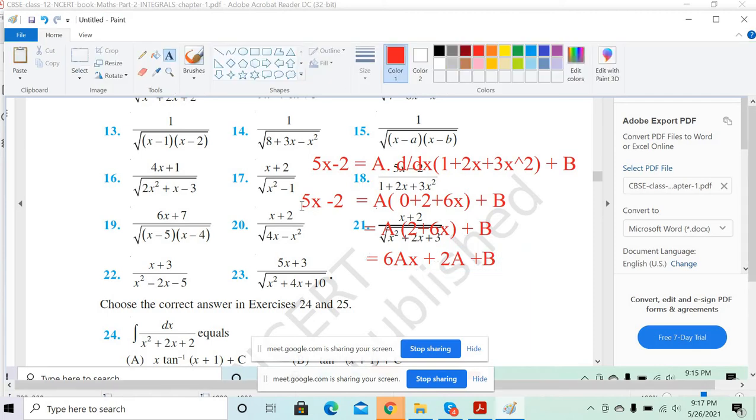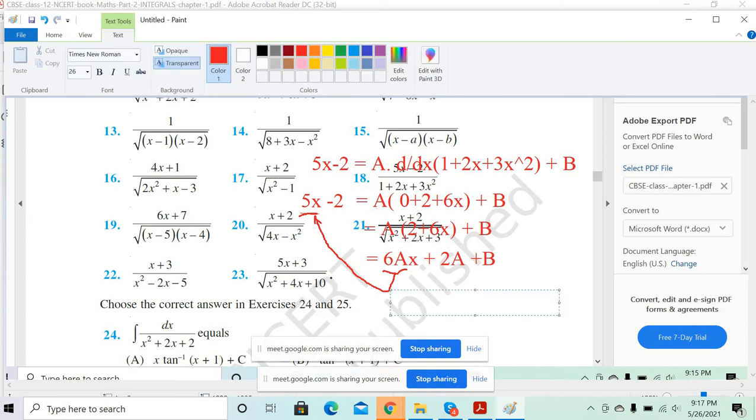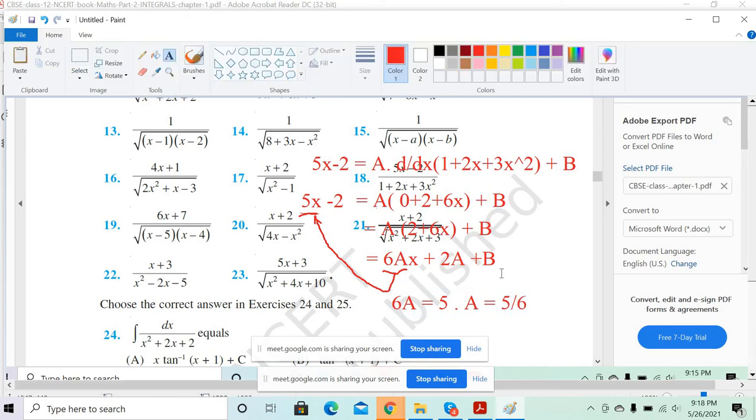Yeah. So here the coefficient of x is 5, right, Vijay? Yes, sir. The coefficient of x here is 6a. So this has to be equal to this, so we can directly map it. 6a will be equal to 5. Hence a will be equal to 5 by 6, correct?